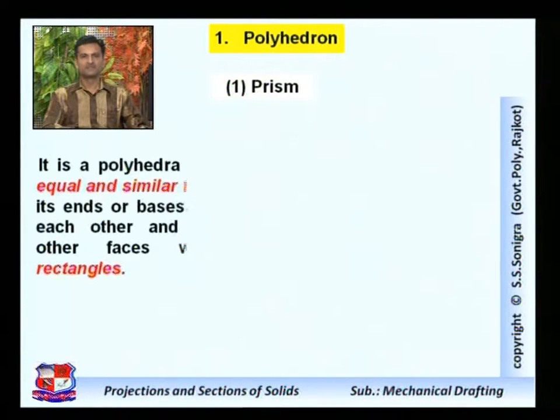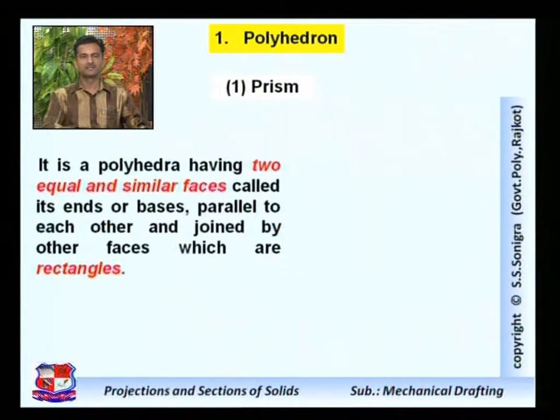The first is prism. What is the definition of prism? It is a polyhedron having two equal and similar faces, called its ends or bases, parallel to each other and joined by other faces which are rectangles. That is called a prism.